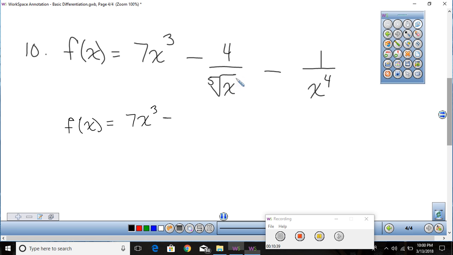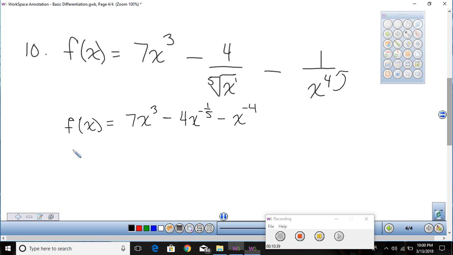So this is a 1/5 power. So I'm going to move it to the top and make it a negative 1/5 power. Same thing here, but this actually doesn't have the root, so it would just be a negative 4 power. So I've got negative x to the negative 4.